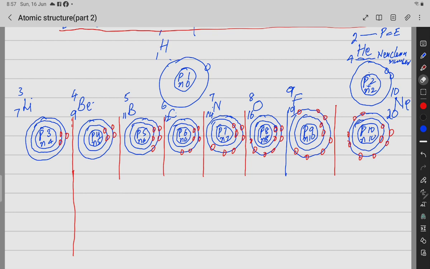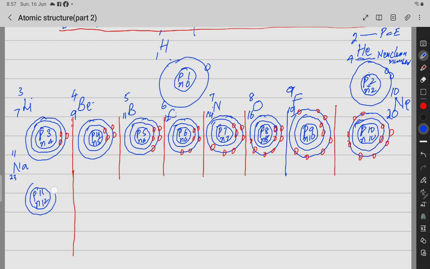So now we are starting the third period, and the first element of the third period is sodium. Sodium has 11 protons, nucleon number 23, so protons 11 and neutrons 12.